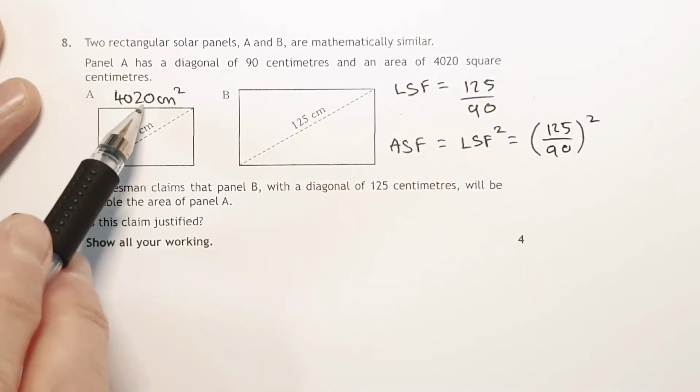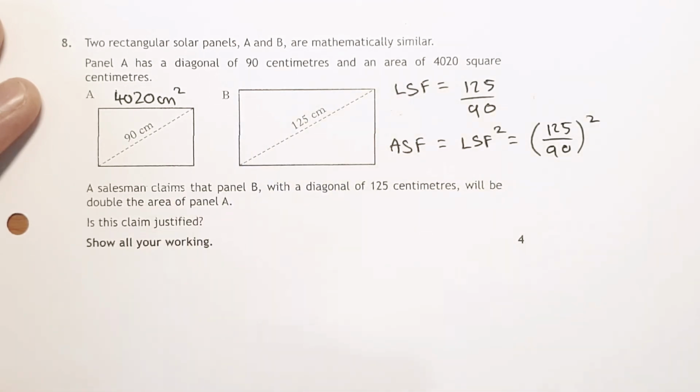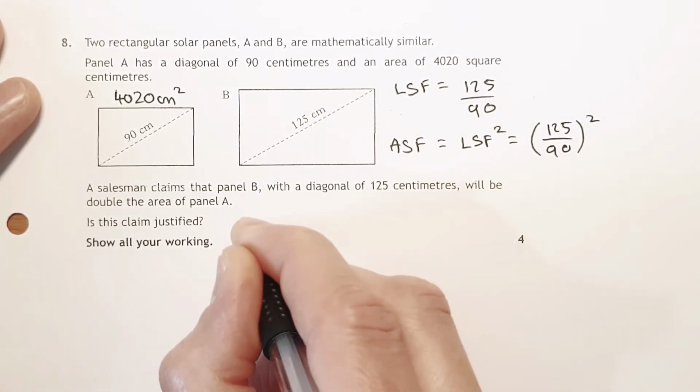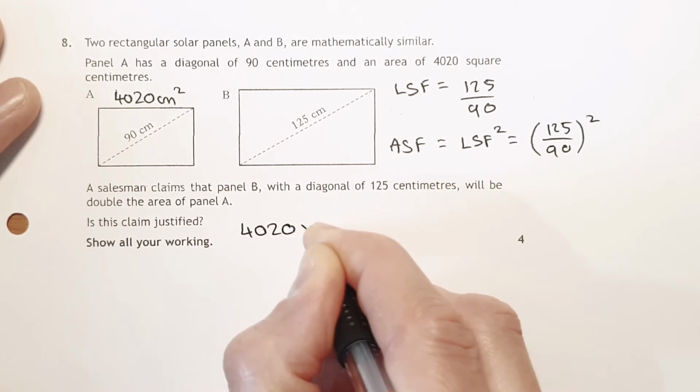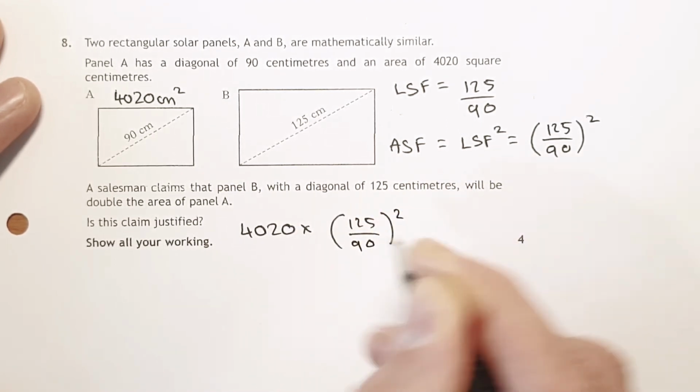So what we're going to do is take A, multiply it by the area scale factor to find out the area of B, and then we're going to see if it's double or not. So we're going to do 4020 times 125 over 90 all squared.